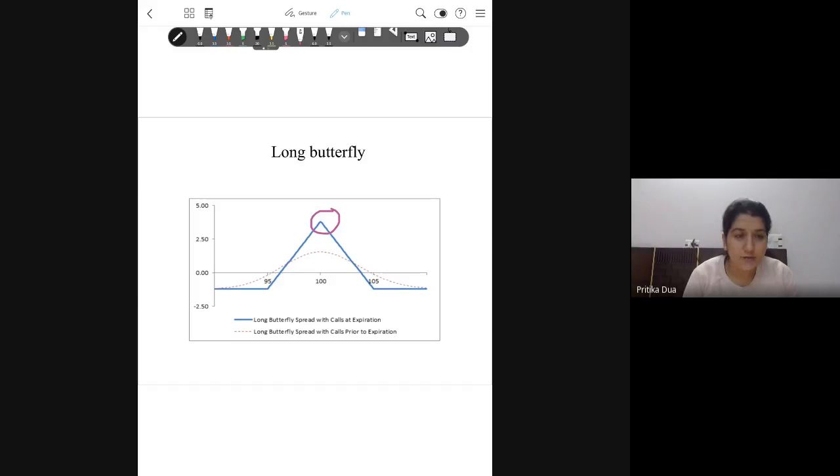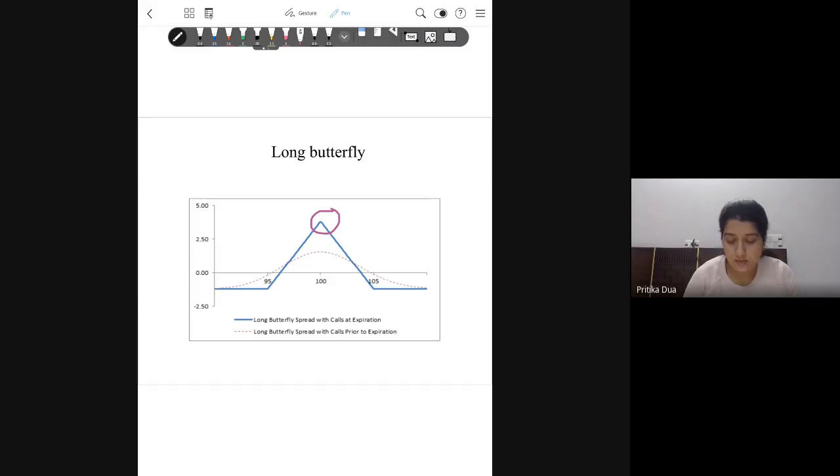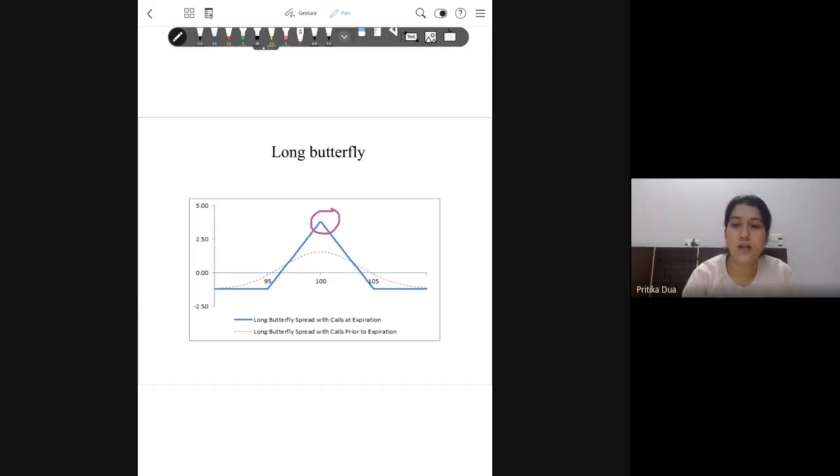And then you have two break-even points when you are making the maximum loss, and that maximum loss is 1.25 in our case. Okay, so I'll stop here.